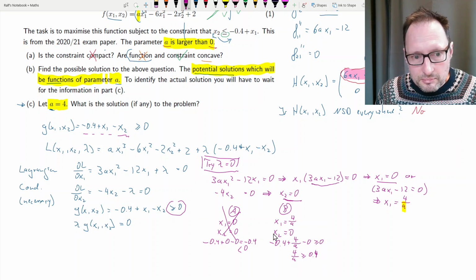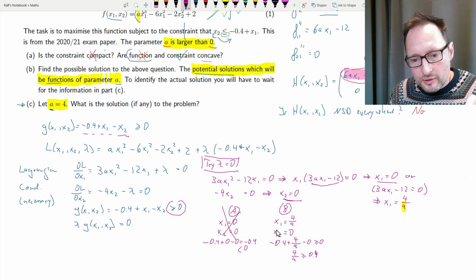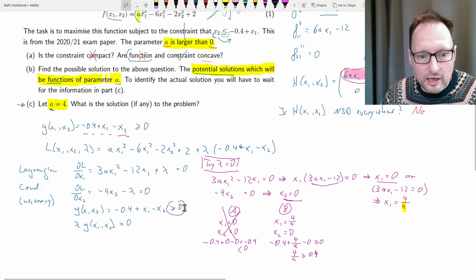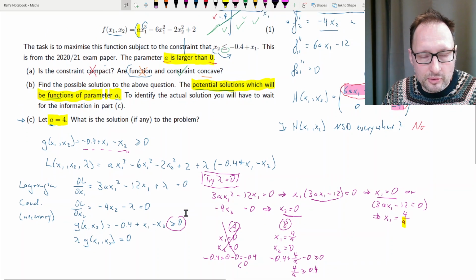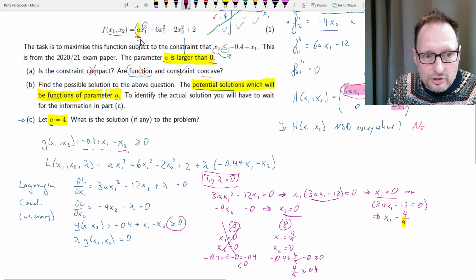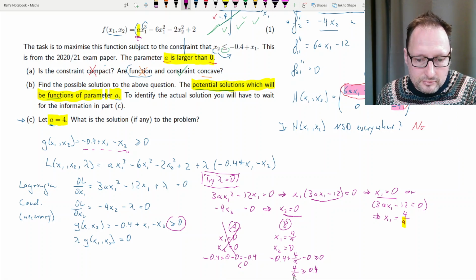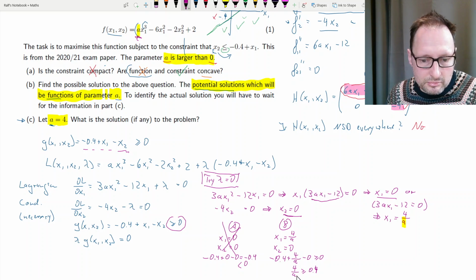So what does that mean? We have potentially an unconstrained candidate solution, but that depends on what the value for our parameter a is. So you can see we need small sorts of a's.